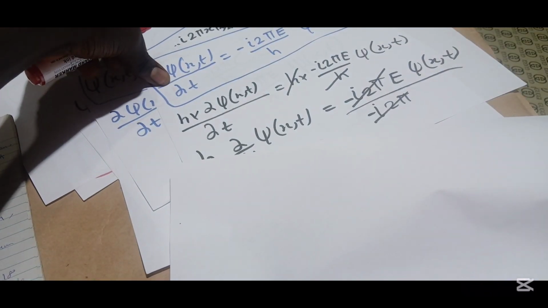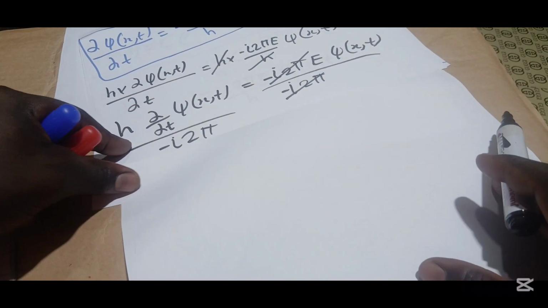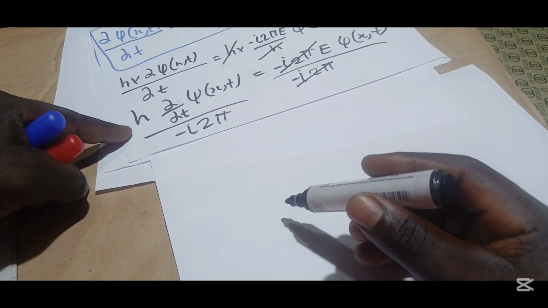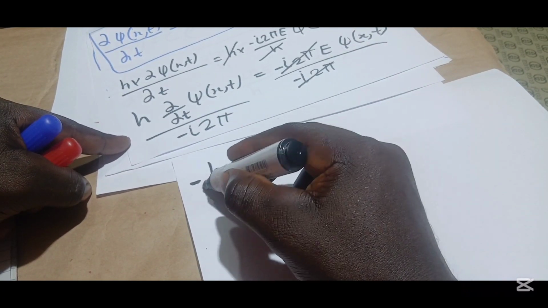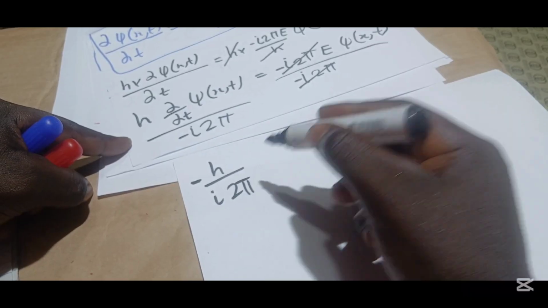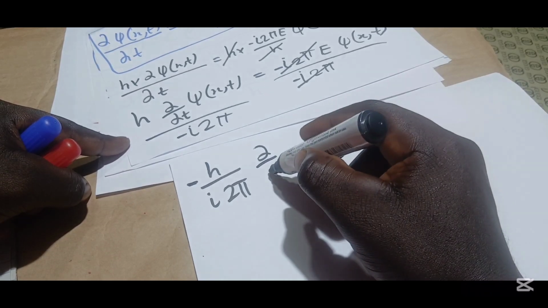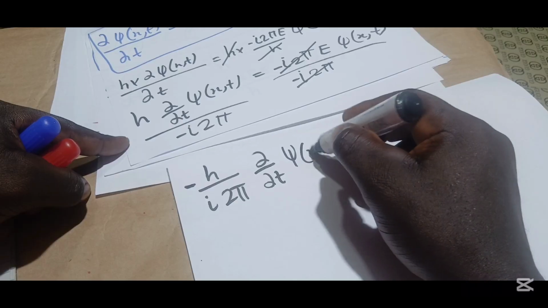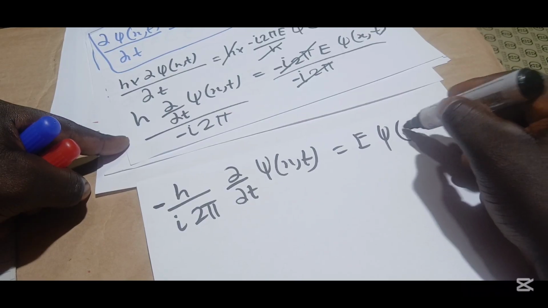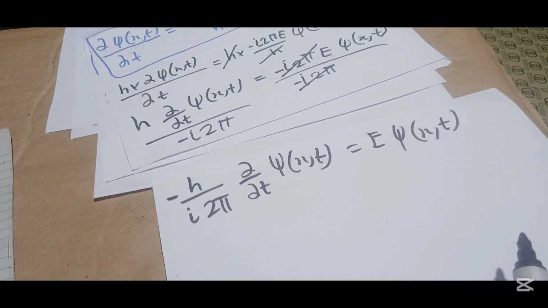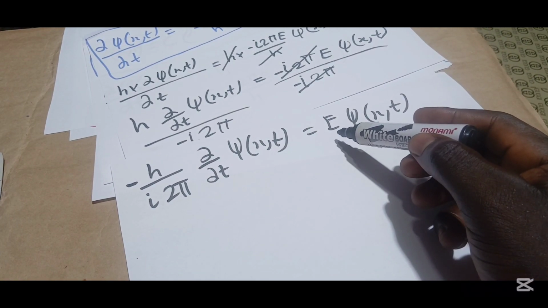So we are going to get something like, this minus sign will affect everything here, so minus h over I 2 pi, and then remaining d over dt psi x t should be equal to e psi x t.